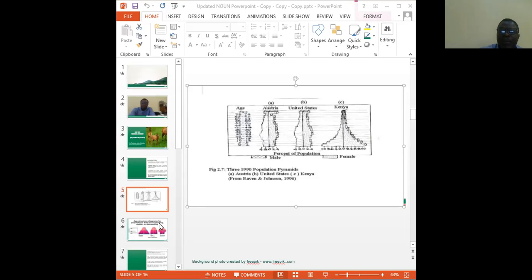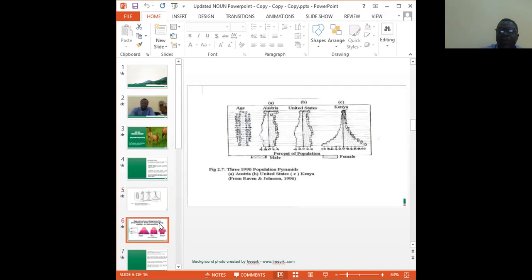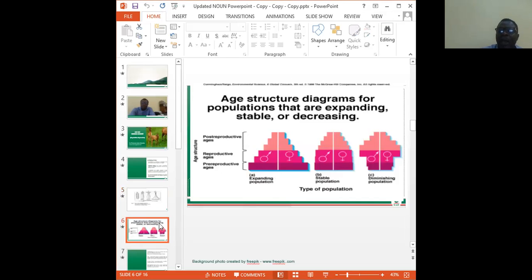Right. Apart from population pyramids, we have what they call the age structure diagram. The age structure diagram, in this case, shows an expanding population, a stable population, and also a diminishing population. A shows an expanding population because we can see the reproductive age more than the post-reproductive.